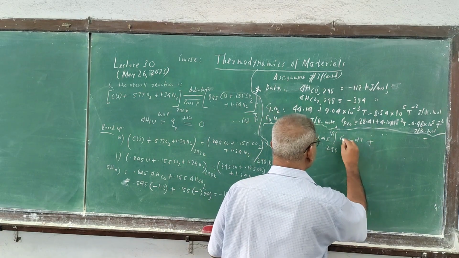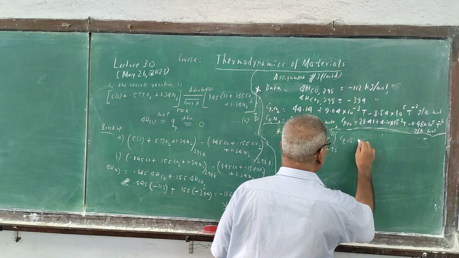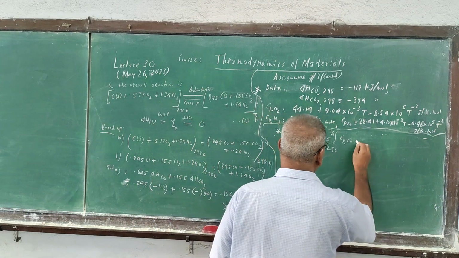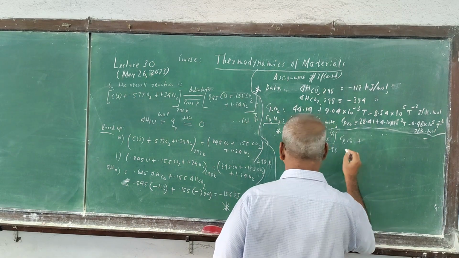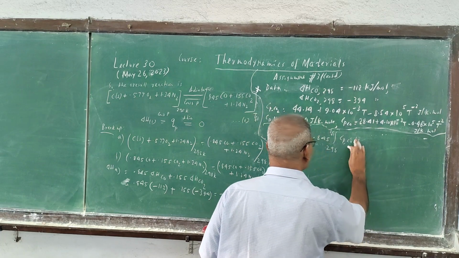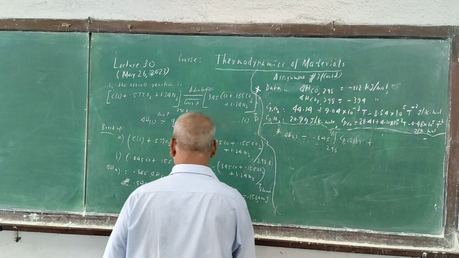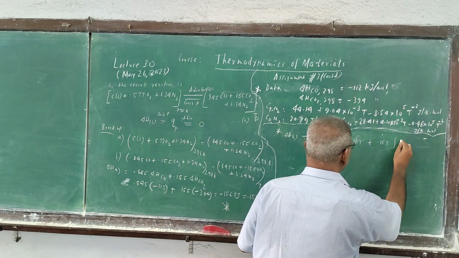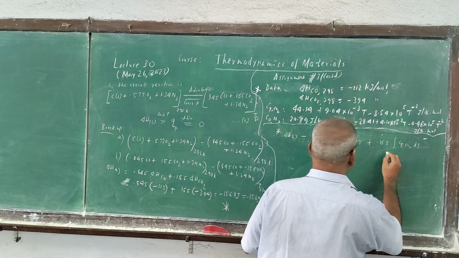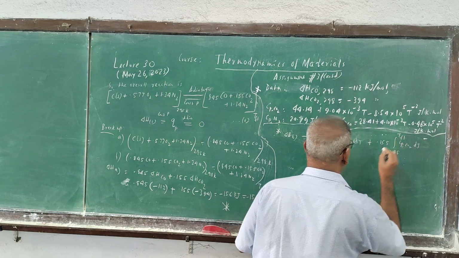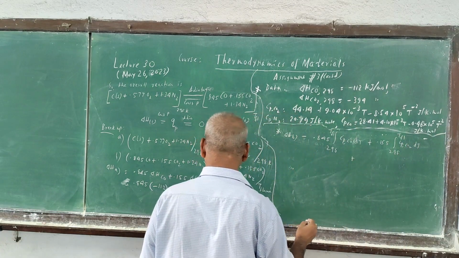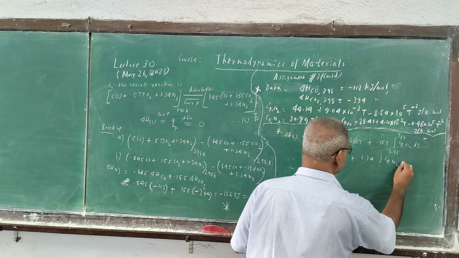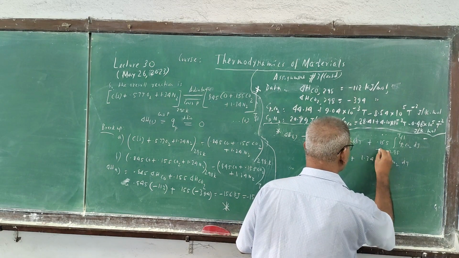The second term is 0.155 times the integral of Cp CO2 dT from 298 to T flame, and last, nitrogen is 1.34 times the integral of Cp nitrogen dT from 298 to T flame.